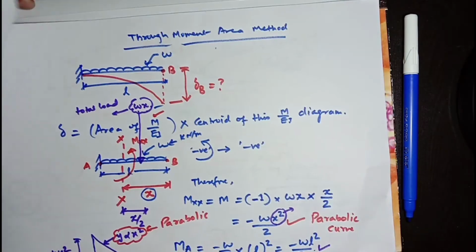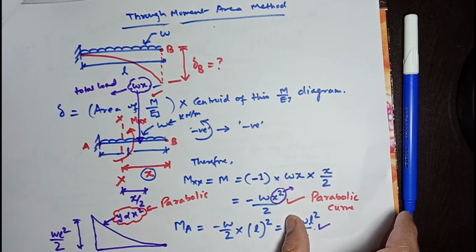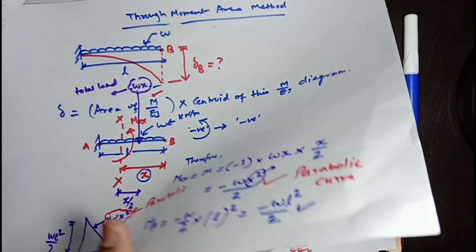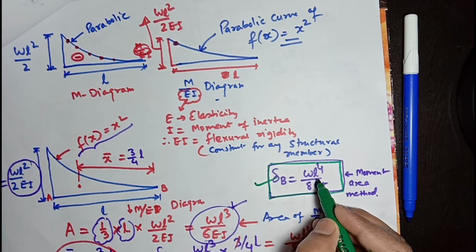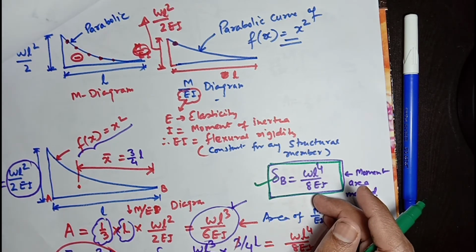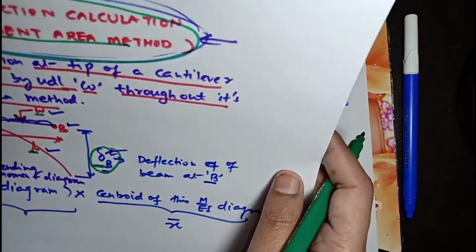Now you can see a preview for this lecture. We solved something like this. I generated the M over EI diagram, found the centroid, then calculated delta B as WL to the 4 divided by 8EI. The value calculated from the moment area method and the unit load method is the same, WL to the 4 divided by 8EI.